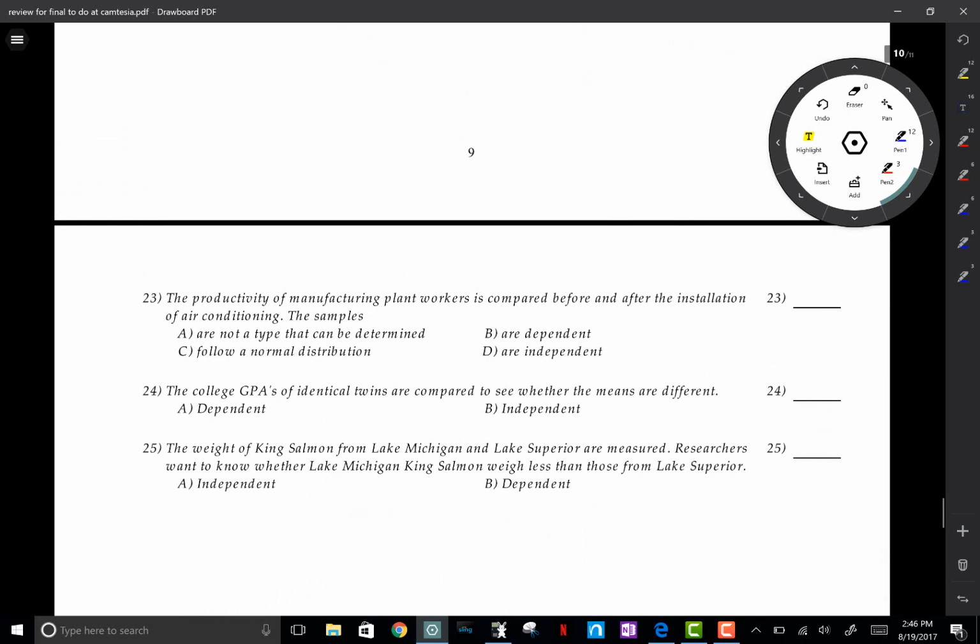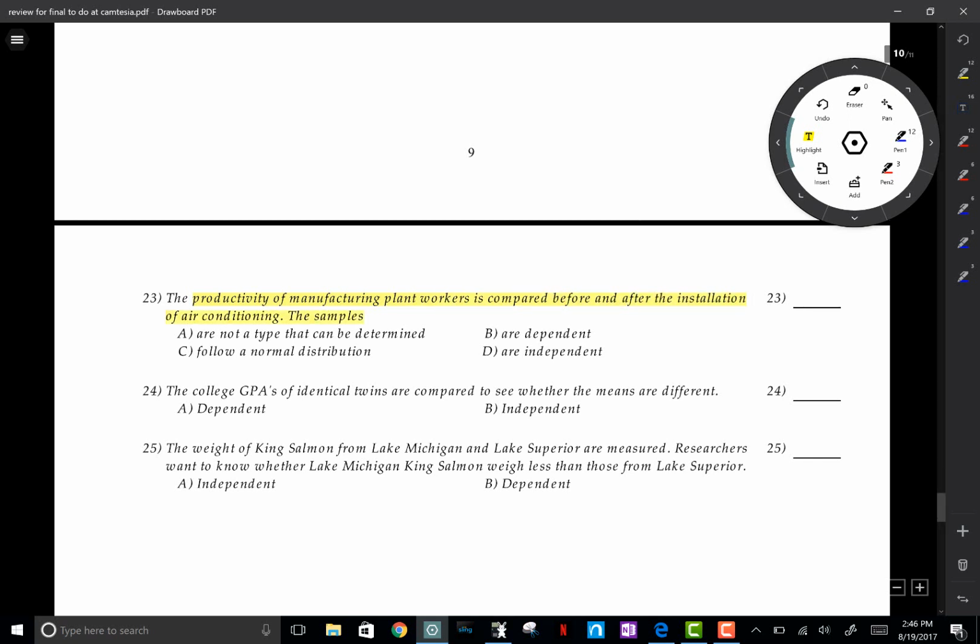Alright, so let's do 23, 24, and 25, and we'll be done with this review. 23, 24, 25 is asking, is the data set independent or is the data set dependent? So 23 said the productivity of a manufacturing plant worker is compared before and after the installation of air conditioning.